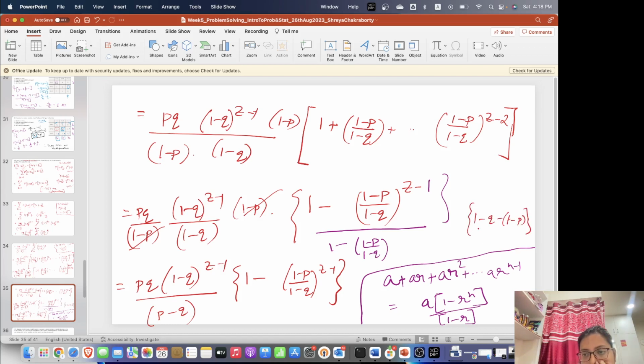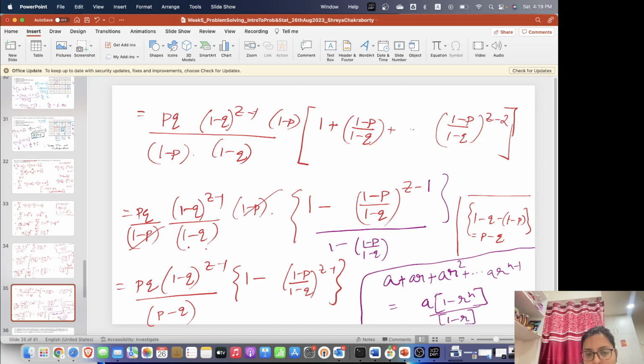Then 1 cancelled, p plus q minus... This will be p minus q. Yes, the denominator will be p minus q. So this 1 minus q and the denominator 1 minus q are cancelling out.